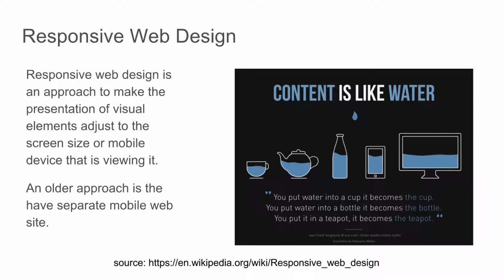A few years back, people used to create a separate site, sites that were M dot something. That's no longer the prevailing approach. It's responsive design, which is a whole separate set of CSS rules that use the width of the device to define a whole new set of layout options with the CSS.